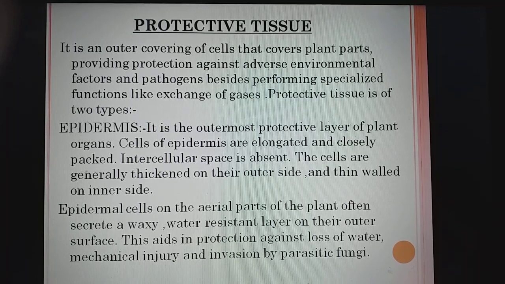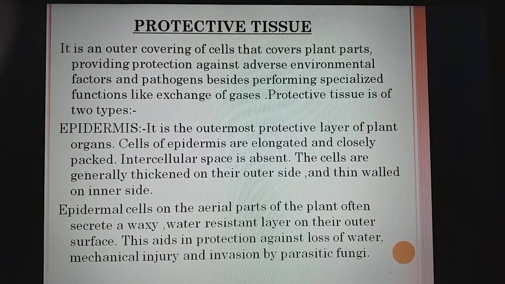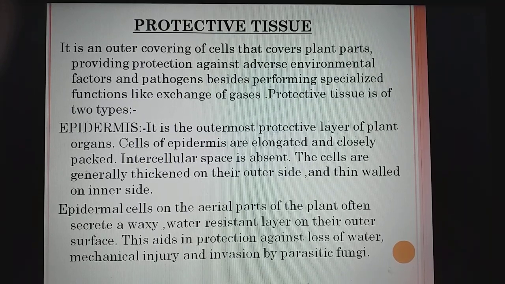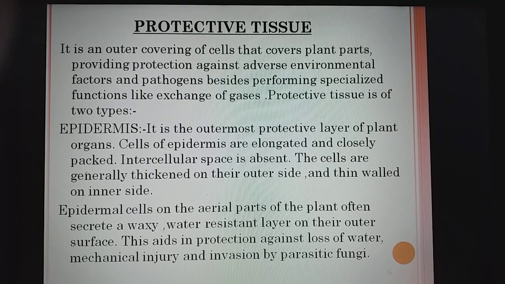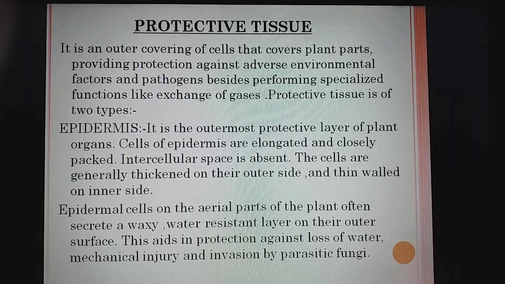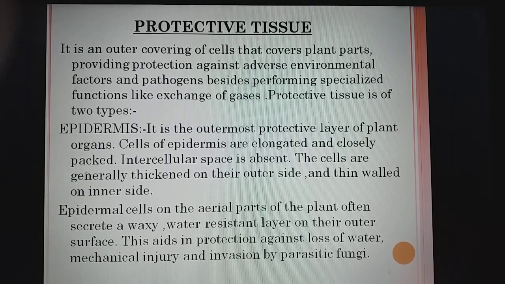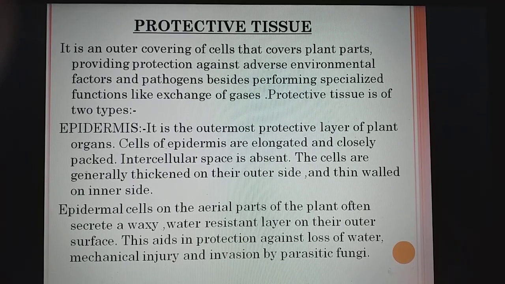The cells are very elongated and closely packed, so intercellular spaces are absent. And the next thing is that it is generally thickened on the outer side, because, as you now understand, this has to protect the plant. So the outer side is thickened compared to the inner wall.